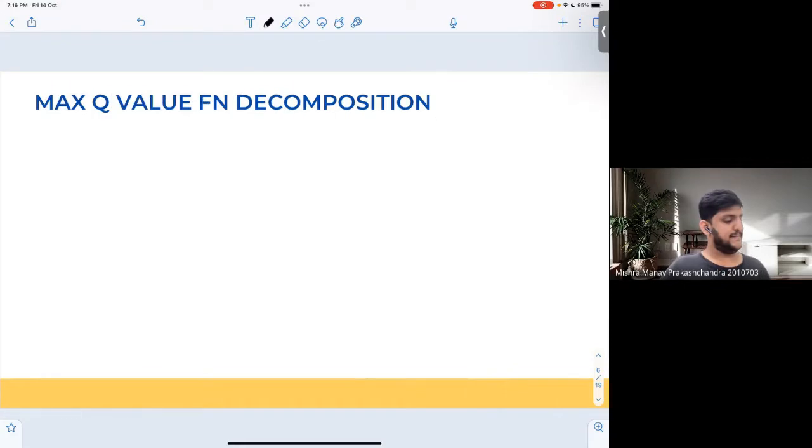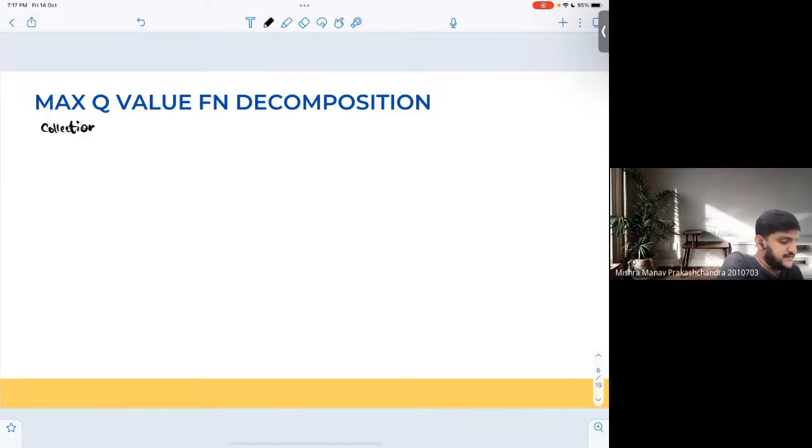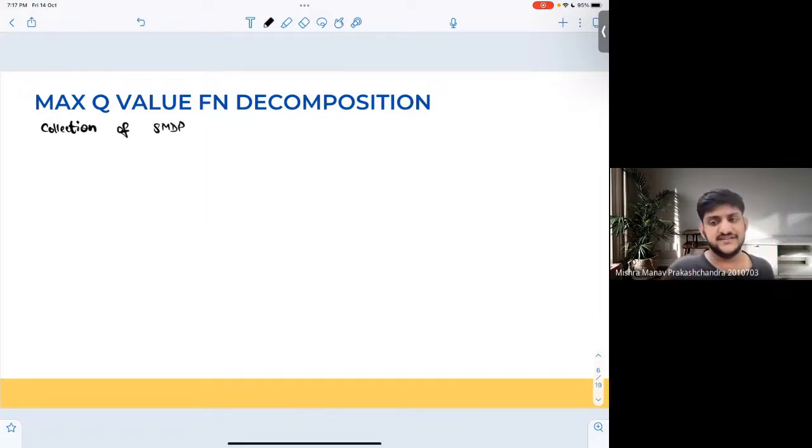And you move ahead to the MAXQ value decomposition part. So you have some collection of SMDPs, right? All these K subtasks can be modeled as a semi-Markov decision process.